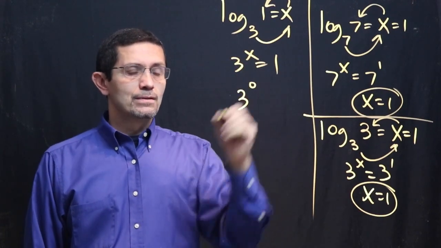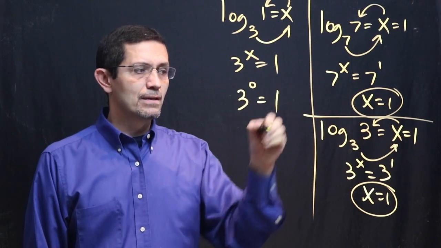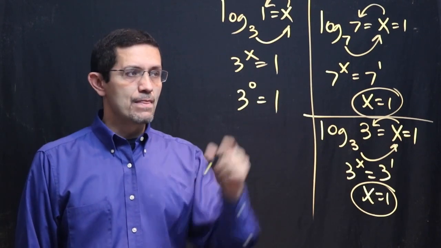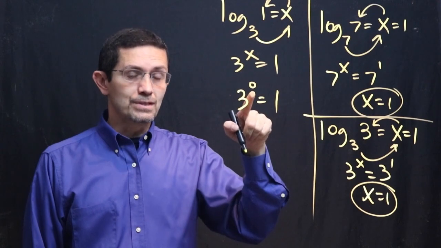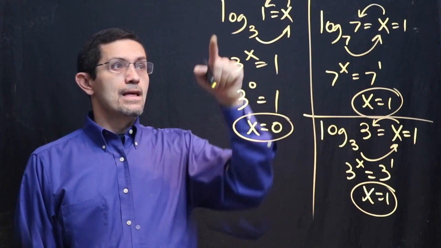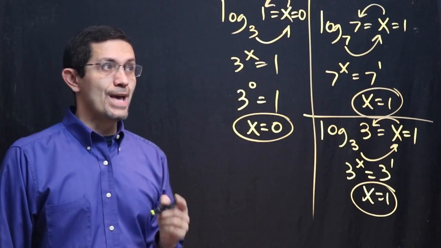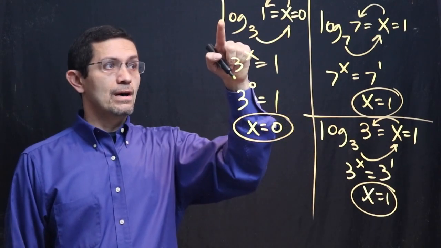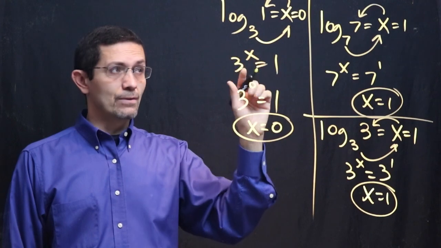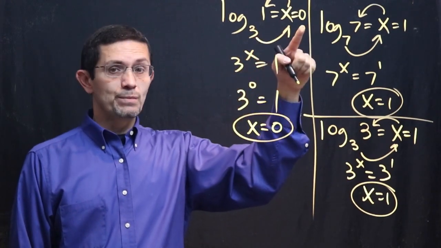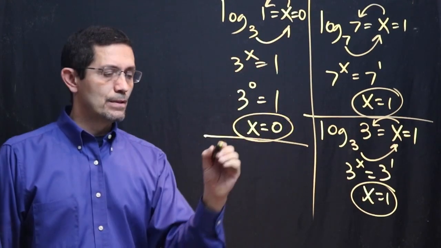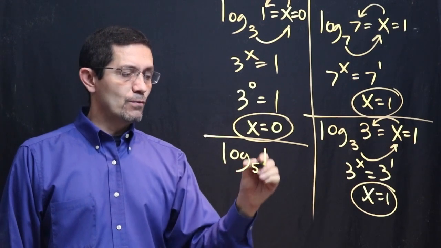Any number to the 0 power is 1. Therefore, my x equals 0. In my case, log base 3 of 1 equals x. My answer is 0. So every time I'm looking for the log of 1, in any base, my answer will be 0. Example: log base 5 of 1.